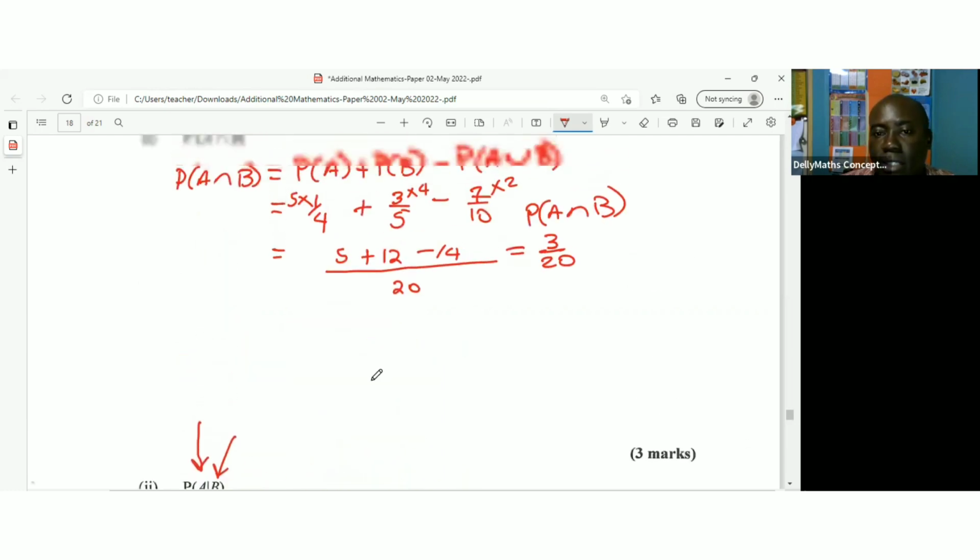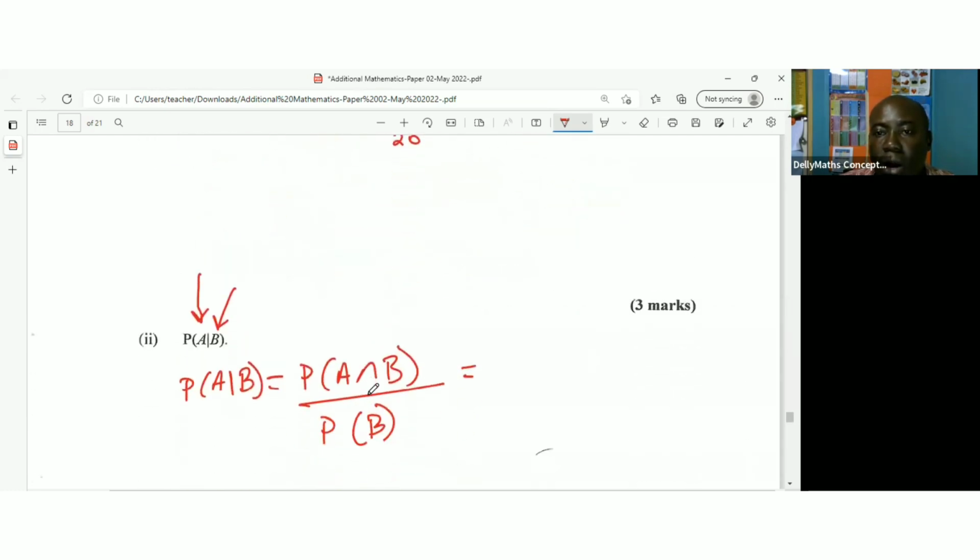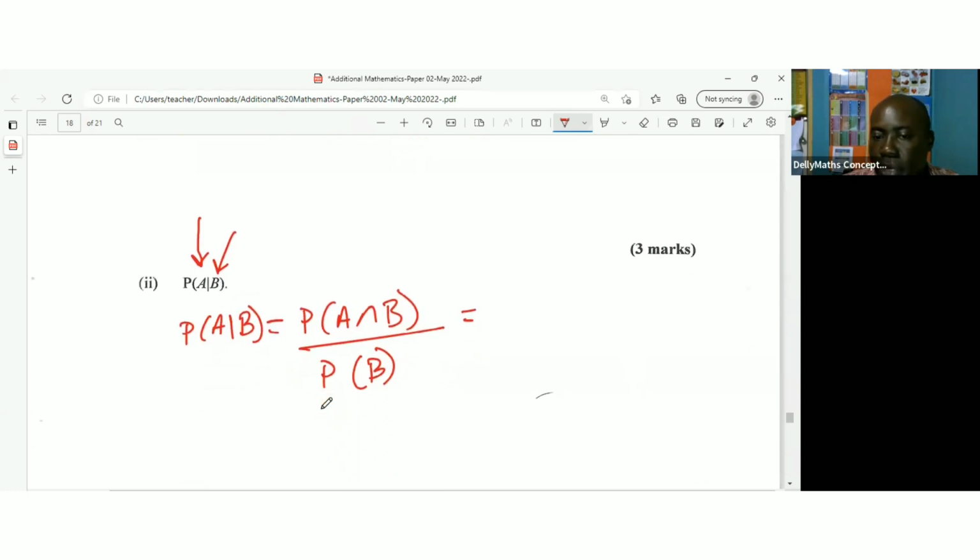It's 3/20, and we're supposed to divide that by the probability of B, which was 3/5.